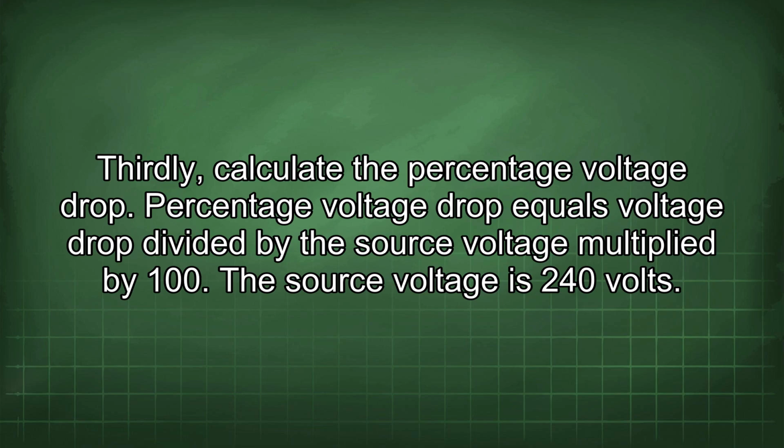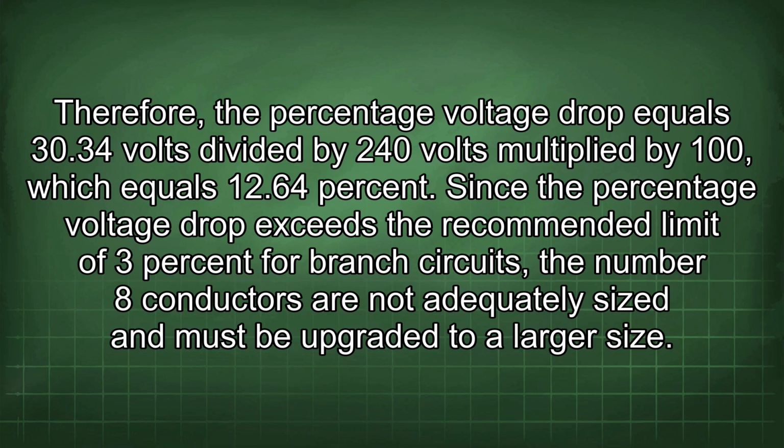The source voltage is 240 volts. Therefore, the percentage voltage drop equals 30.34 volts divided by 240 volts multiplied by 100, which equals 12.64%. Since the percentage voltage drop exceeds the recommended limit of 3% for branch circuits, the number 8 conductors are not adequately sized and must be upgraded to a larger size.